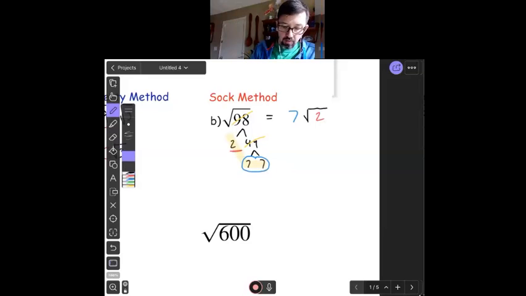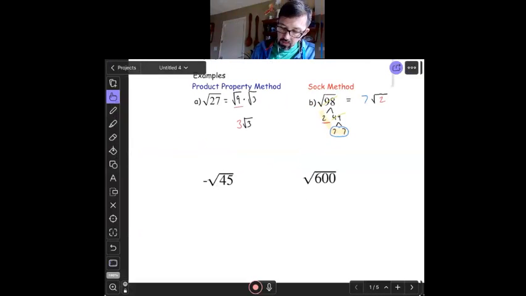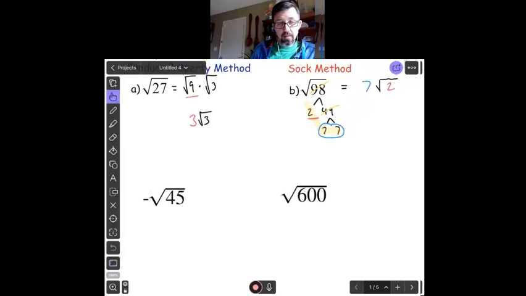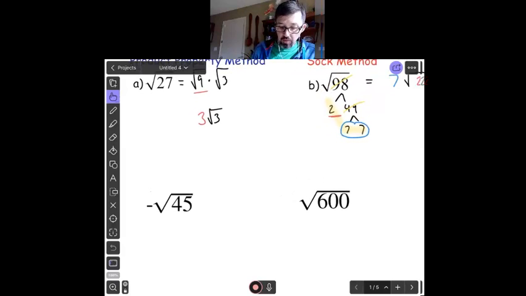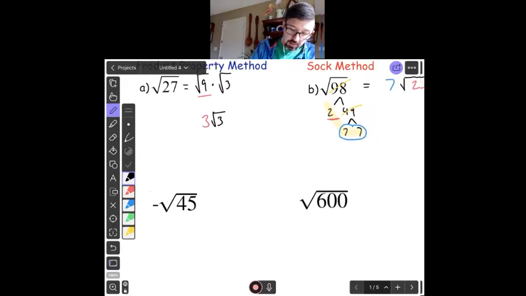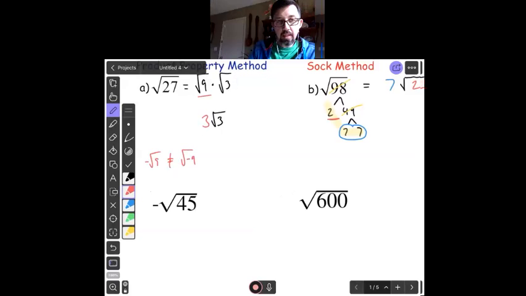I'm going to do that again over here. So negative square root of 45. Now, this is not what I was talking about earlier with how do you square root a negative. This is not the square root of a negative. This is a negative square root. This does not equal this. They are not the same thing.